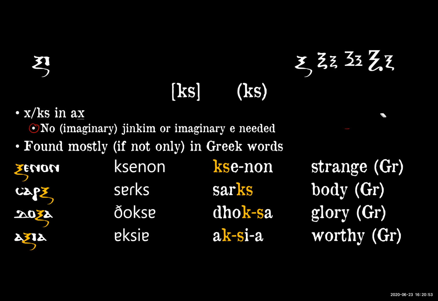Last thing, and this is more for your knowledge than for being able to read. Since this letter, Xi, makes the same sound as this consonant cluster, KS, sometimes in some hymns, if you know what an acrostic is, like a poem where the first letter of each part will either spell something or mean something.